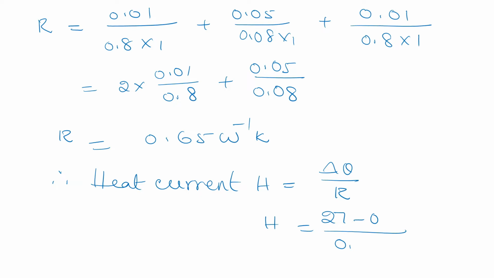R is equal to 0.65. So 27 by 0.65, we are getting 41.5 watts. So H is equal to 41.5. Now let us calculate the rate of flow of heat.